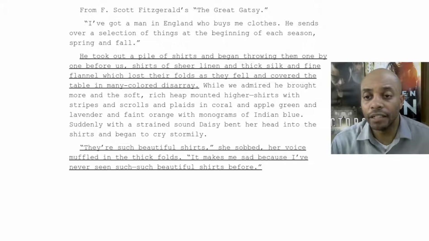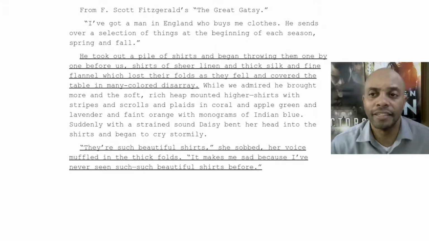Suddenly, with a strained sound, Daisy bent her head into the shirts and began to cry stormily. It's a weird word, stormily. I've never used that word. I'm going to have to think about it. They're such beautiful shirts, she sobbed, her voice muffled in the thick folds. It makes me sad because I've never seen such beautiful shirts before.